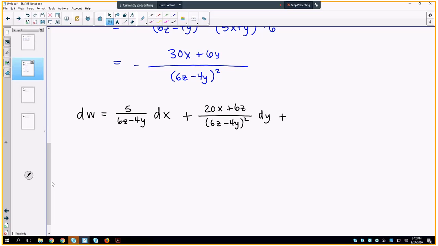So that's actually going to be minus 30x plus 6y divided by 6z minus 4y whole squared, dz. This is my total differential.